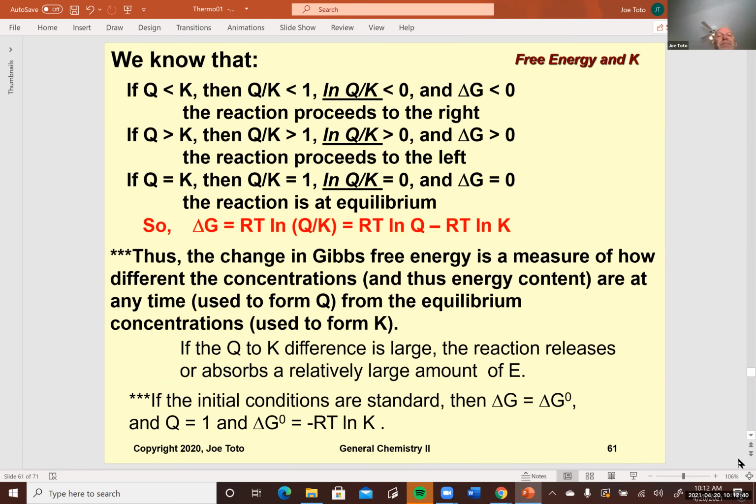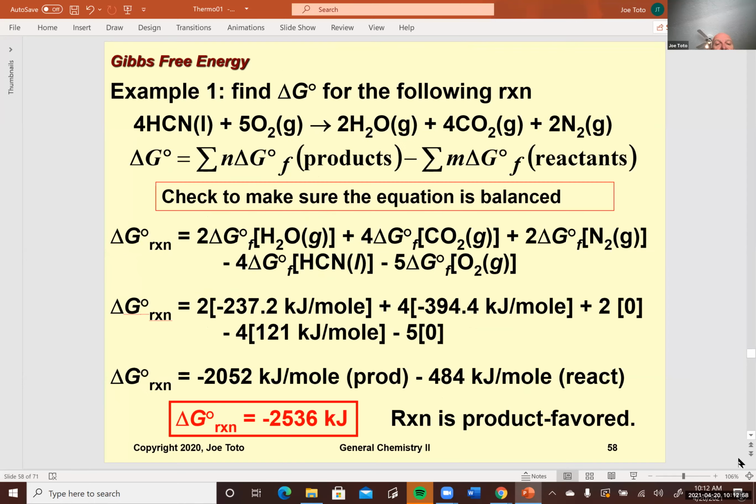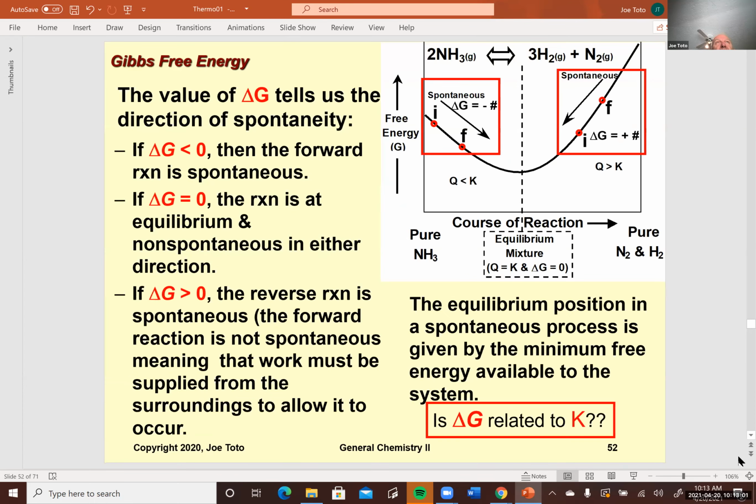All right. Now, in the next few slides, what we try to do is we try to make a connection between the equilibrium constant and Gibbs free energy. Back here, we noted in our previous equation that reactions tend to minimize Gibbs free energy, and that can take place from a product rich environment or from a reactant rich environment.